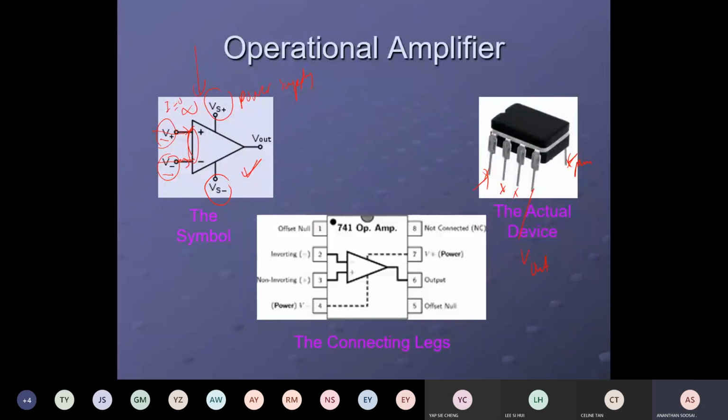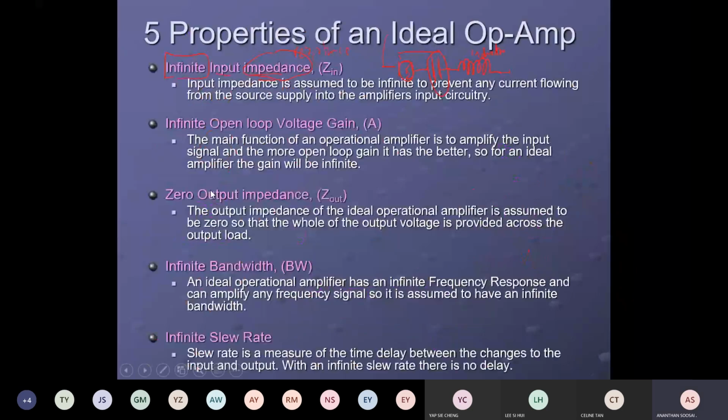No current flows into an ideal operational amplifier because the impedance is infinite. That's the first characteristic of the ideal operational amplifier: infinite input impedance. Second, it has infinite open loop voltage gain.